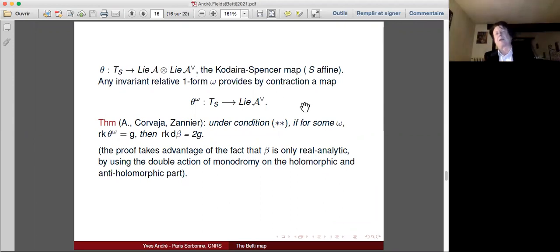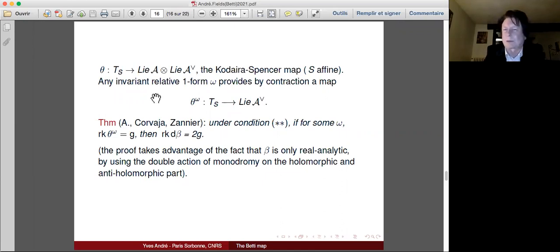So that by contraction, any invariant relative 1-form omega provides a map, which I denote by theta subscript omega, from the tangent space of S to the Lie algebra of the dual abelian scheme.